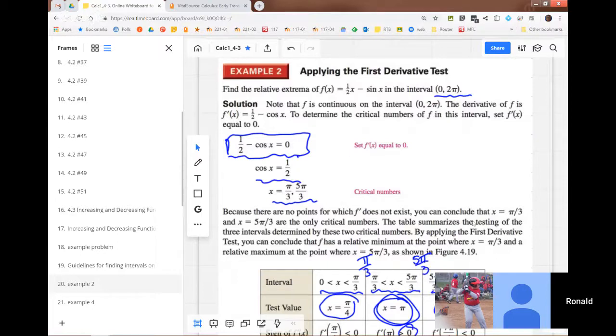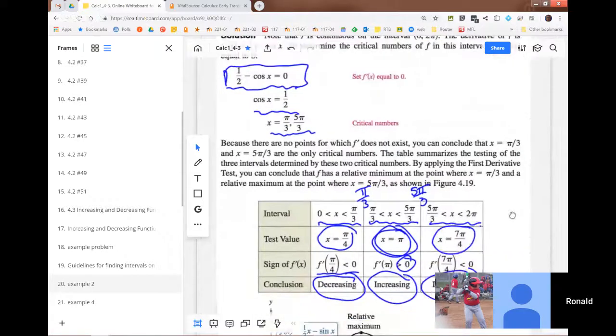By the way, do we have any possibility here for the derivative to be undefined? There's no problem here. We don't have any division by 0 or anything like that. So we've got our critical points, pi over 3 and 5 pi over 3. Then you set up those as, I call them fence posts.